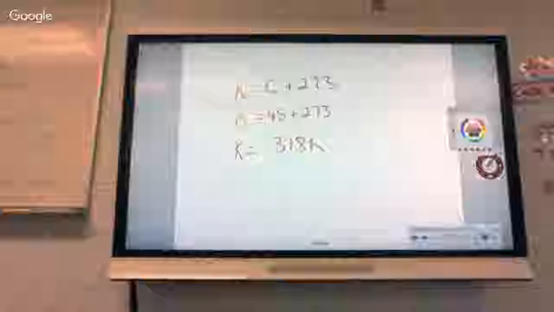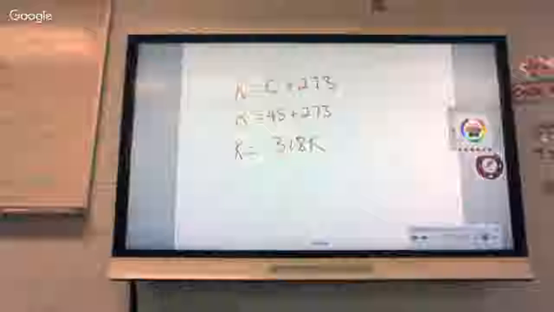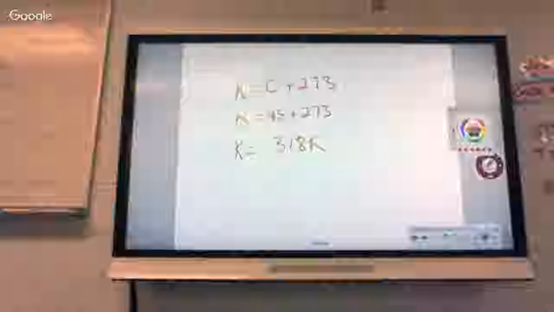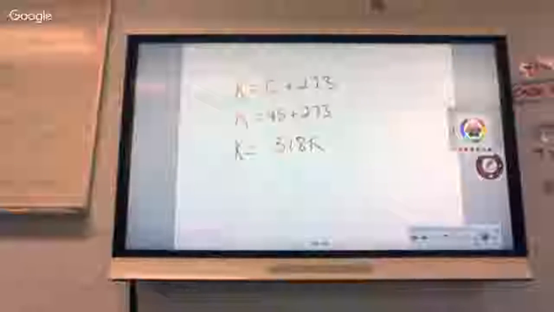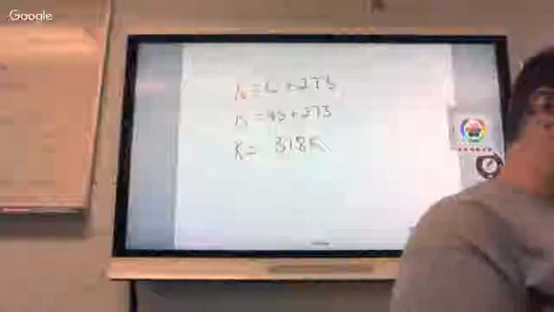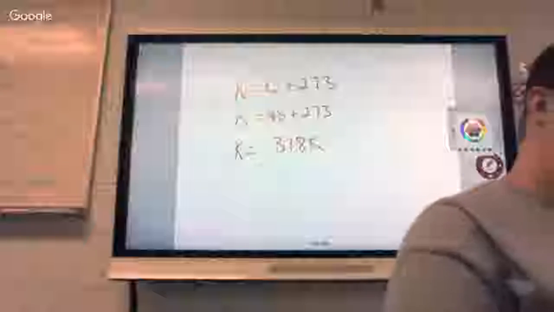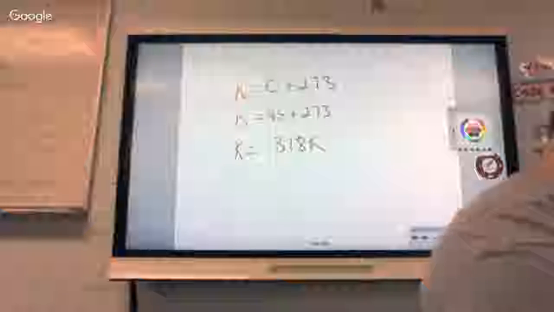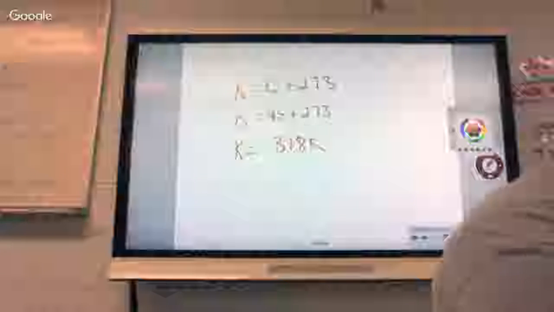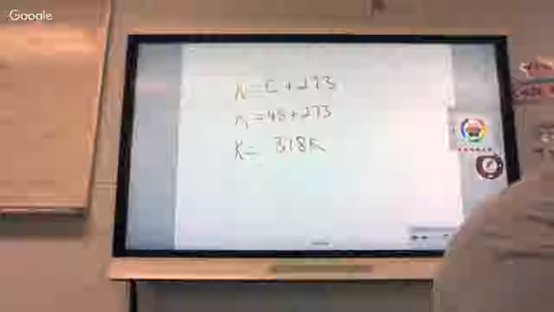Number 2, did you just look it up on the chart? If you did, it's 0.449. I wanted you to solve with the numbers I gave you. Number 3, you get 92.1, which you need to round to one significant digit. So you're going to get 90 joules.